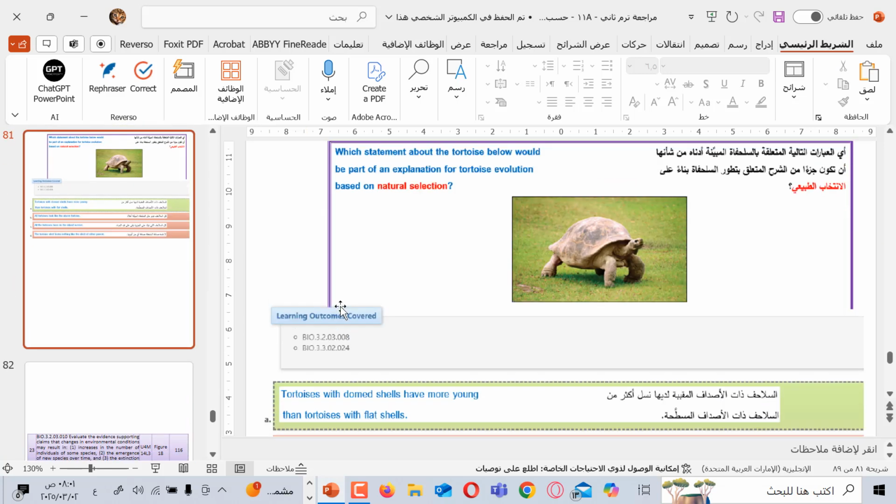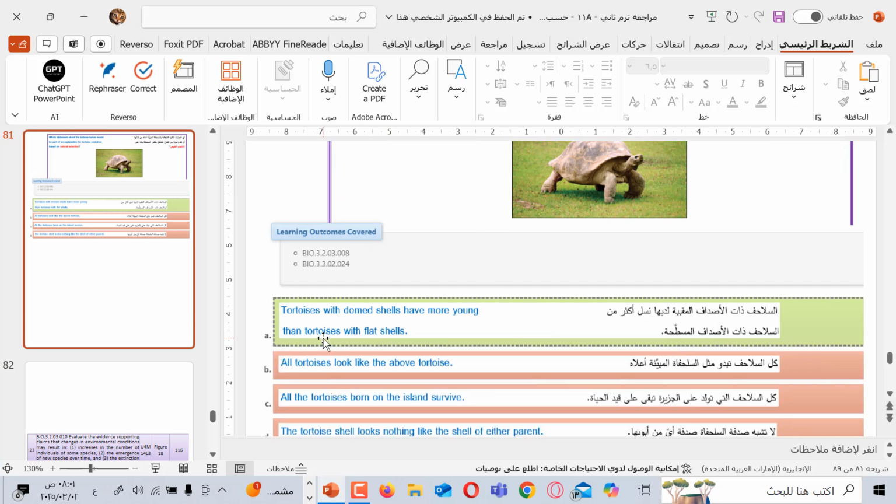Here, which of the statements about the turtles below will be part of an example for the turtles' evolution based on natural selection?